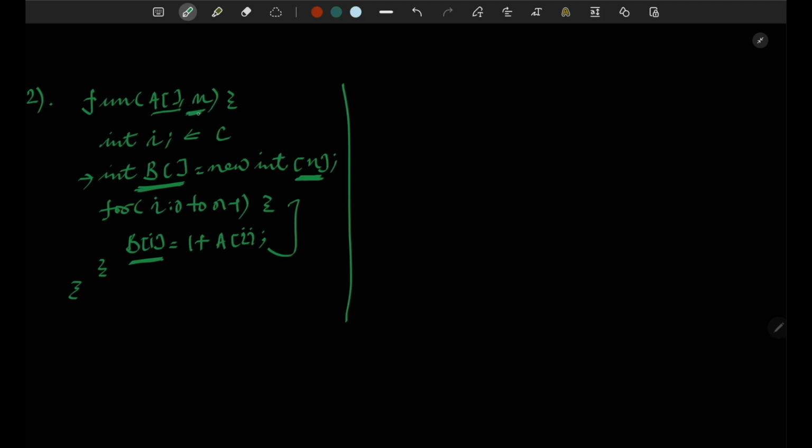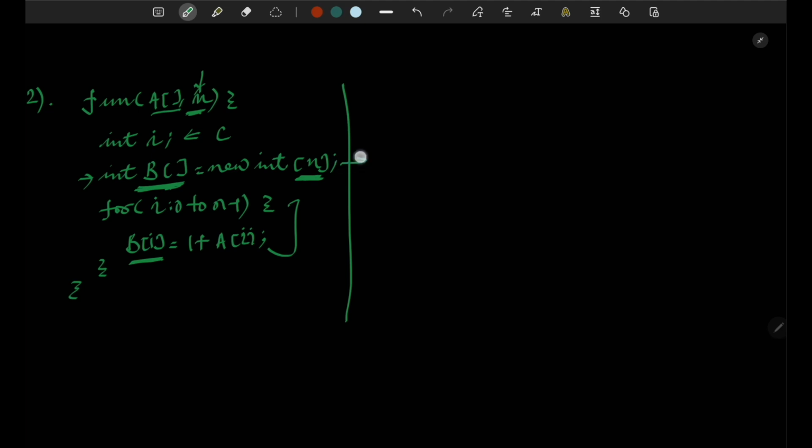So let's say if the initial size of the array A is 10, then the size of the B array is also going to be 10. If it's going to be 10,000, then this size is also going to be 10,000. So this is depending on the input size of the array A, right?